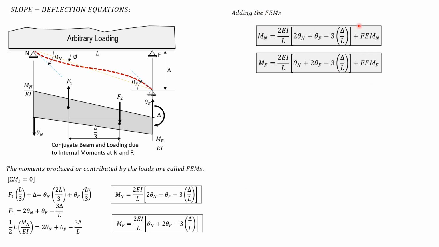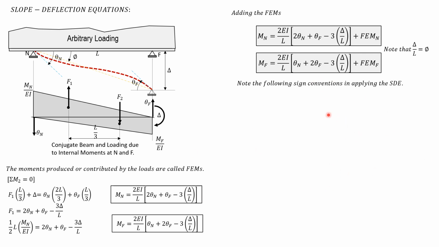These are now the slope deflection equations. Note that delta over L is equal to P. So remember the sign conventions, and when you apply these slope deflection equations, clockwise is positive.